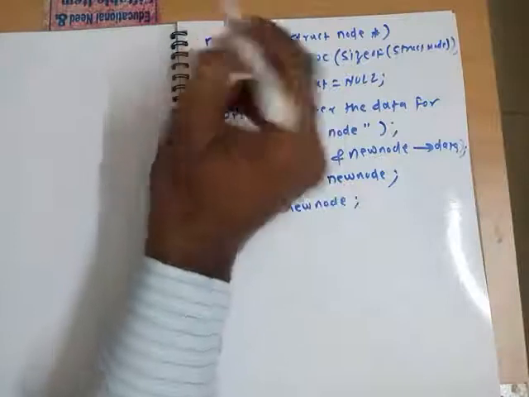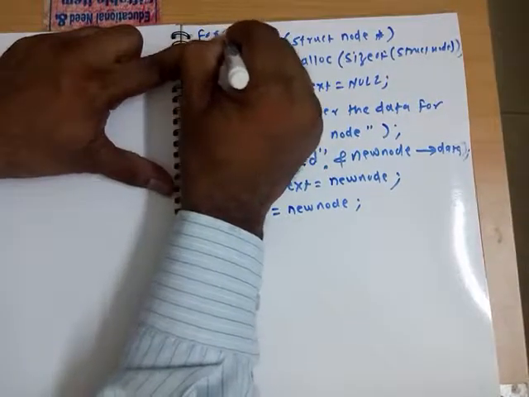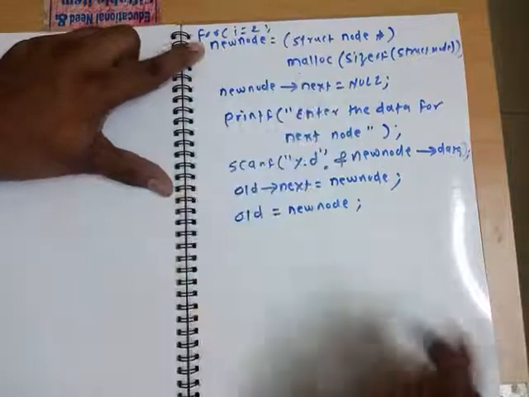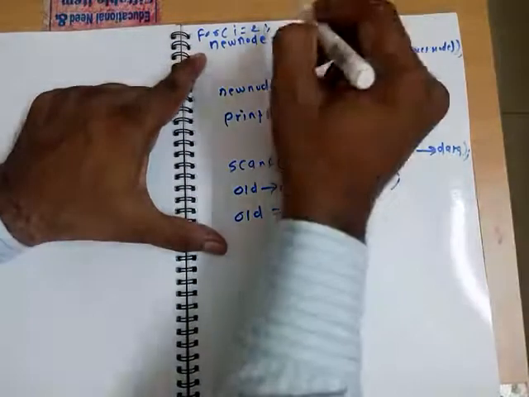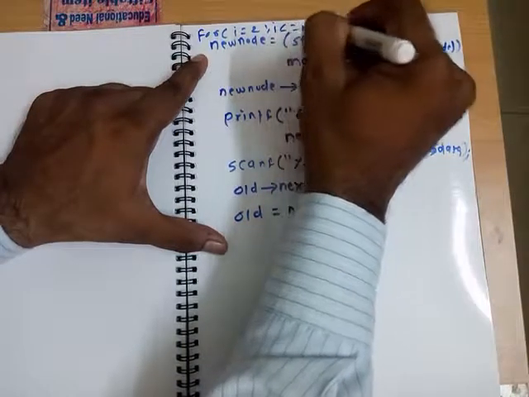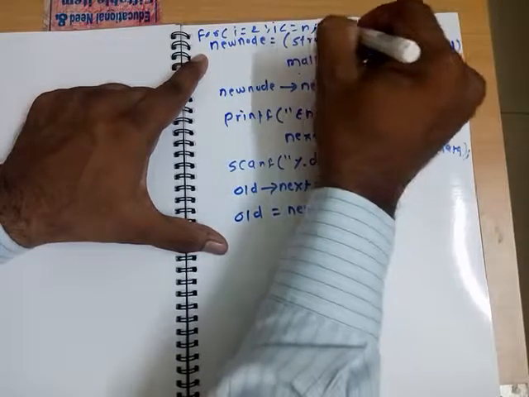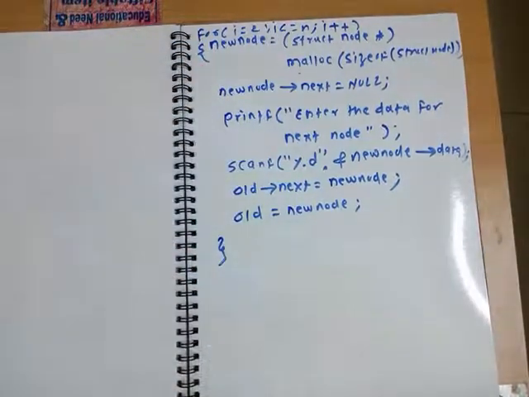That means I can put this code inside a loop like this: for i assigned 2, because I'm starting creating nodes from 2 onwards in this block, so 2, i less than or equal to n, and i plus plus. So repeat this code, right? Now this code will get repeated n-1 times, or from 2 to n times, right?